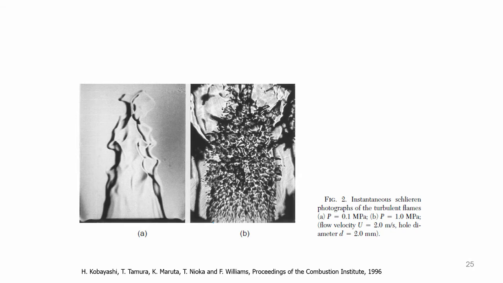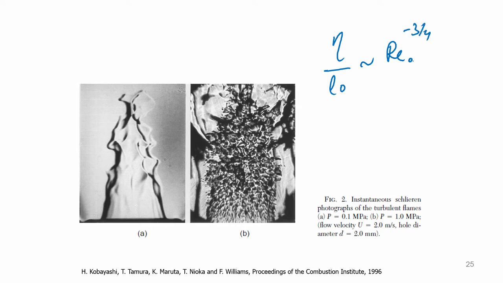Of course, this is one of the artifacts. If you do the same flow visualization, you will see that at high pressure your flow has very small scale structures with respect to the flow at low pressure. The reason is that once again, if you remember, eta by L0 is essentially Reynolds number to the power of minus 3 by 4.